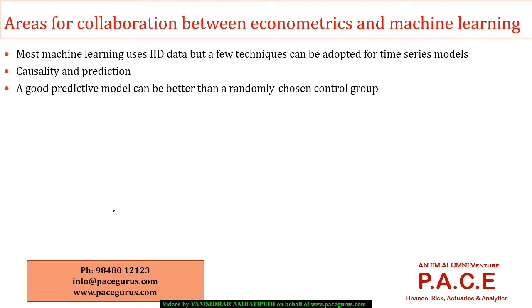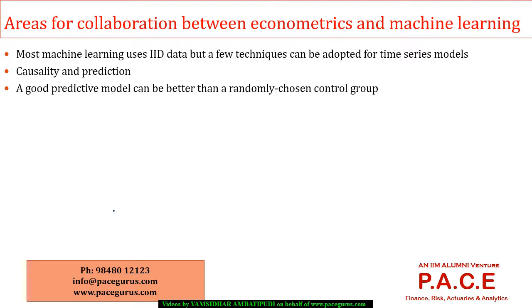If you have seen the majority of machine learning models today, they use the data as IID, independent and identically distributed. But we have many models that address even time series data.